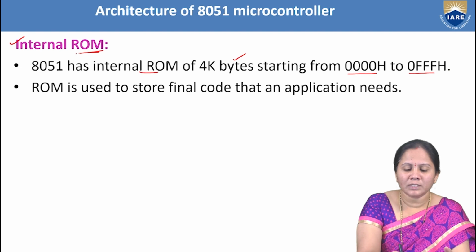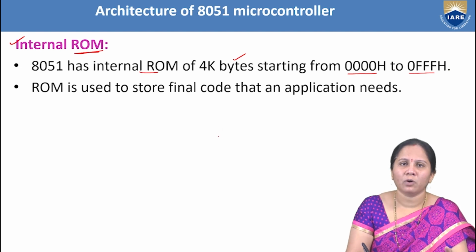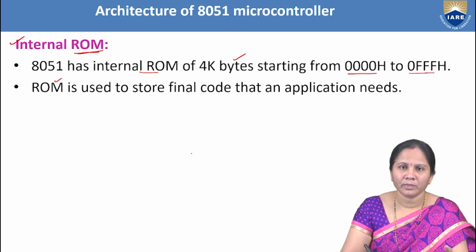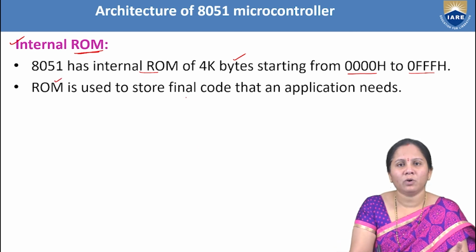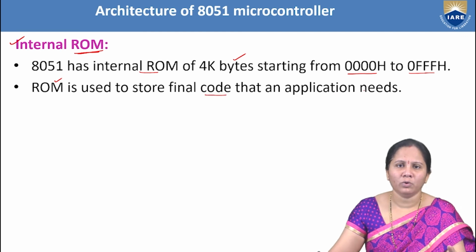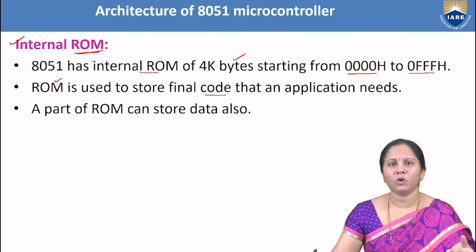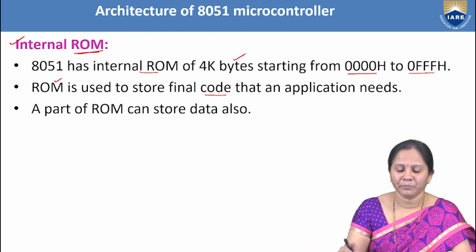What is the main purpose of this ROM? ROM represents program memory. That is why this ROM is used for storing the final code that the application needs. So ROM is called program memory.